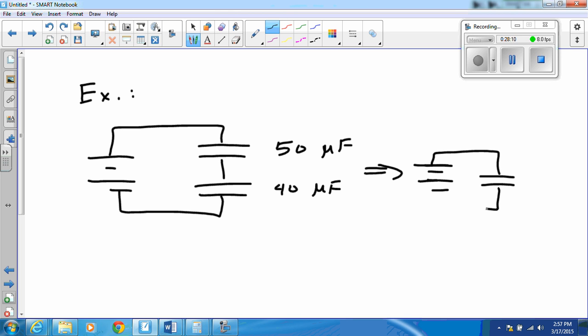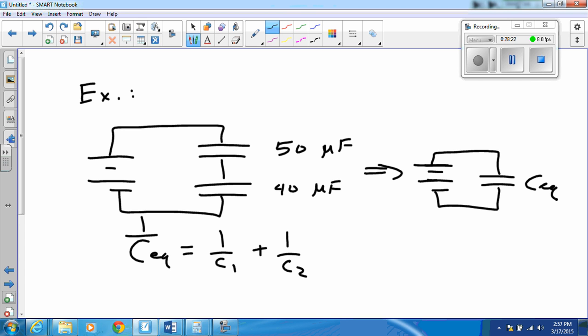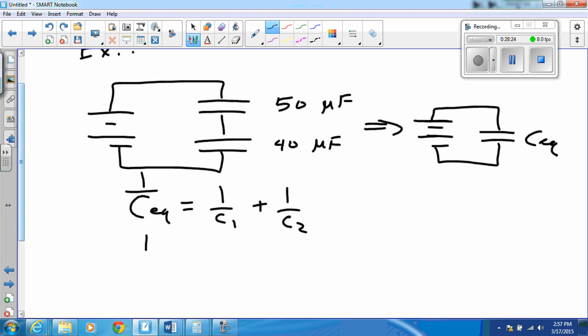And what I'd like to do is to replace them with an equivalent. Just like that. And so I'm going to write it: 1 over CEQ is 1 over C1 plus 1 over C2, just like so. And therefore 1 over CEQ is equal to 1 over 40 plus 1 over 50.